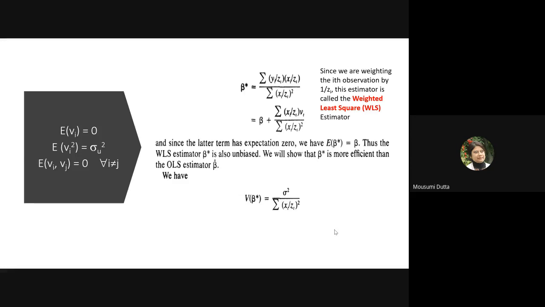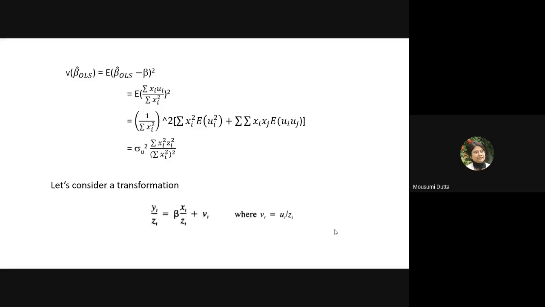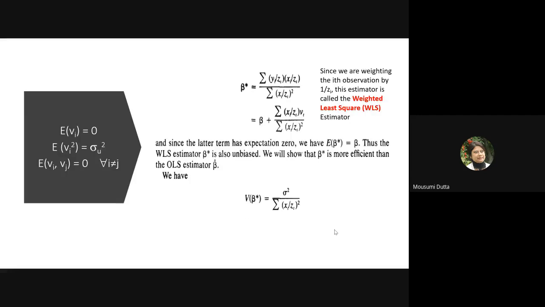Okay. Now, once we get this, yi by Zi I am replacing by Vi. Actually, yi by Zi is equal to beta xi by Zi plus Vi.